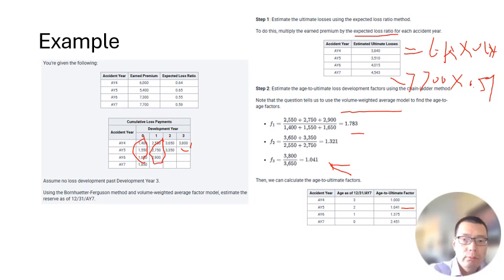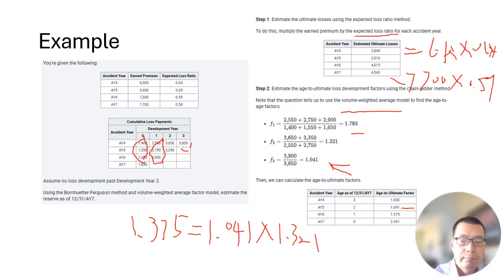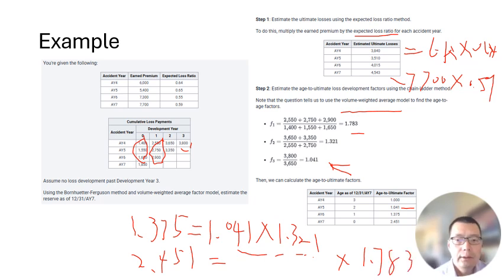So 1.375 is really coming from 1.041 times 1.321. And similarly, 2.451 would be all these times 1.783. The ultimate factor is the cumulative product of each factor multiplied together. This is just the chain ladder method here.